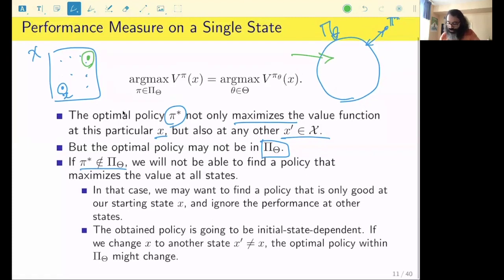So the result is that the obtained policy is going to be initial state dependent. And if we change it, the optimal policy within pi of theta, not the globally optimal policy, might change.